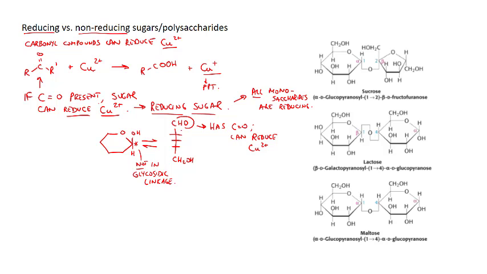It never opens back up to give you the open chain form that has the carbon double bonded to oxygen in it. Okay? So any anomeric carbon that is in a glycosidic linkage cannot reduce copper.